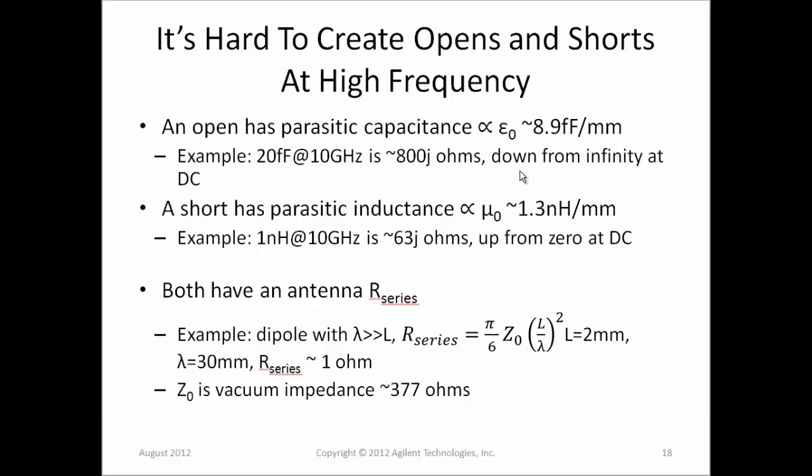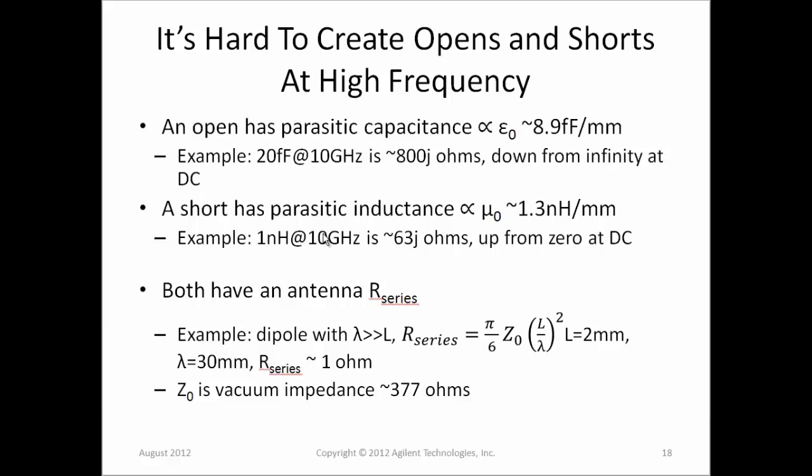So if you have a little stub pair of parallel wires a millimeter long, you'll have this parasitic capacitance, and if you have say 20 femtofarads at 10 gigahertz, that brings your impedance to 800 j ohms, which is down from infinity at DC.